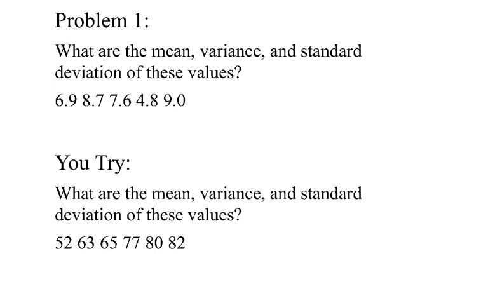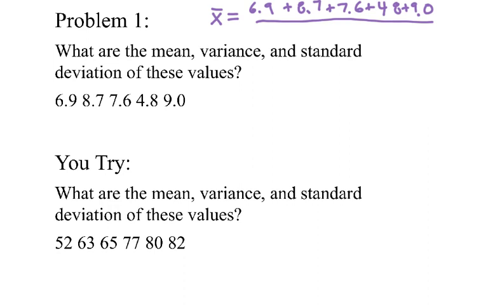So x bar, our mean, is what we get when we add these all up and divide by however many we're adding. So we're going to add them all up and divide by 5. And I get that this is 7.4. So my mean, x bar, is 7.4.